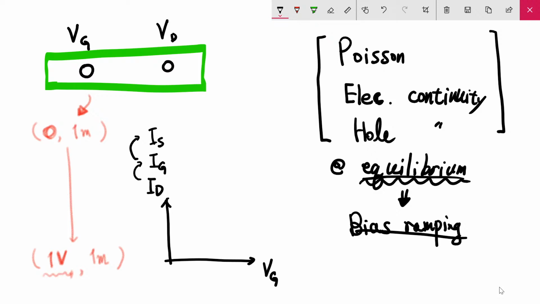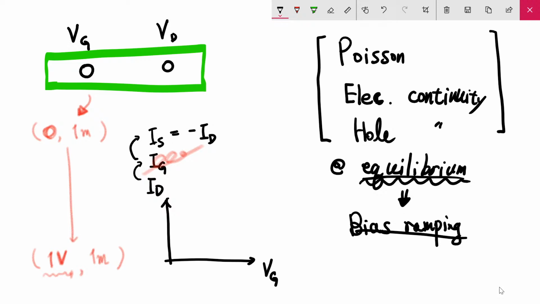However, since we are working with the DC condition, there is no gate current at all, and the source current should be identically the same as our drain current, only with the opposite sign. So although we have three different terminal currents in general, in this case only ID is the meaningful value.